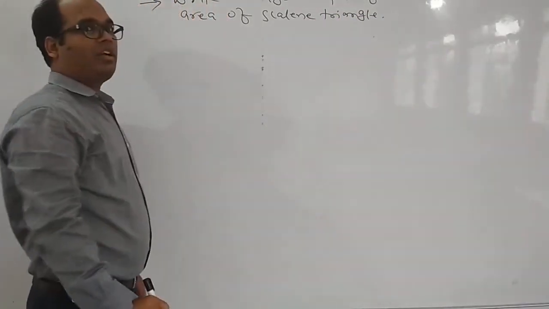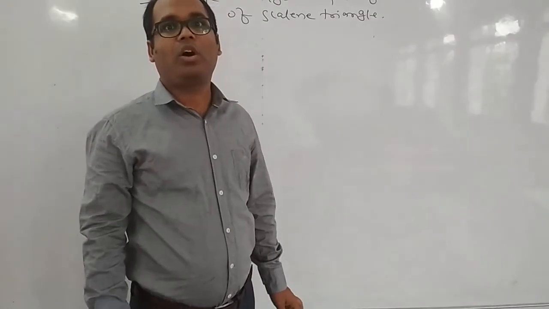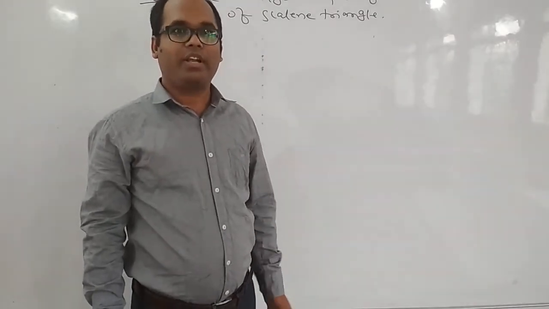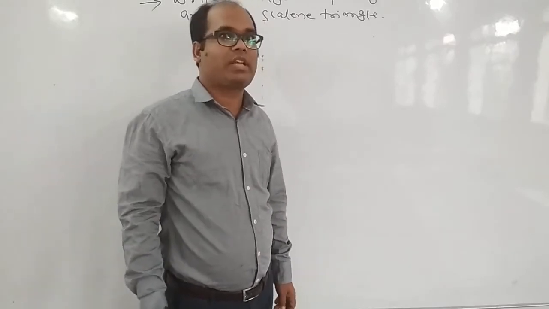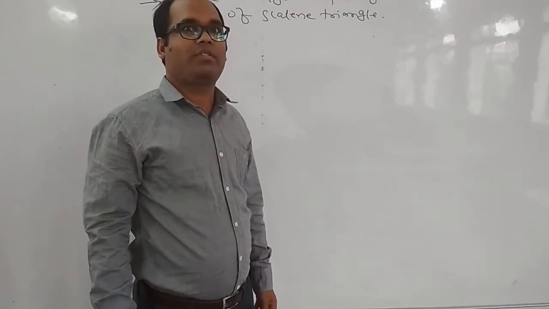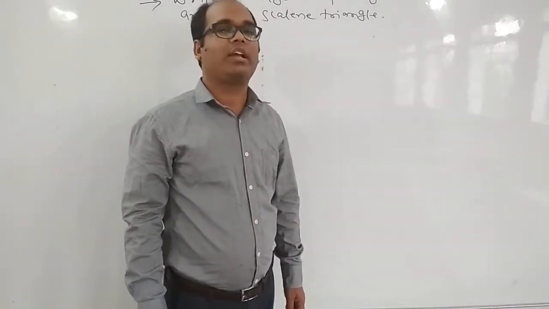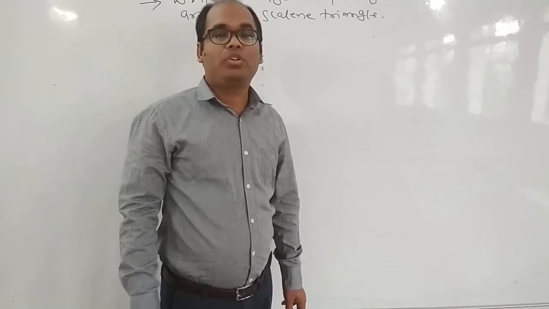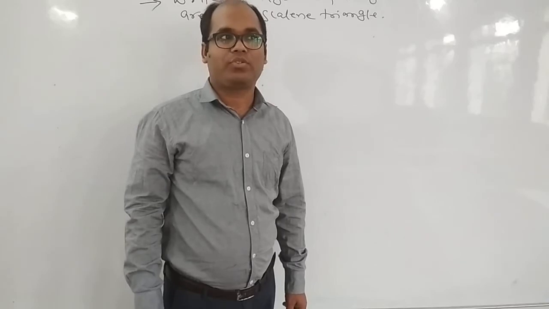Now what is scalene triangle? Scalene triangle is a triangle whose all the three sides are different in measurement. What is equilateral triangle? A triangle whose all sides are equal is equilateral triangle. What is isosceles triangle? A triangle whose any two sides are equal is isosceles triangle.